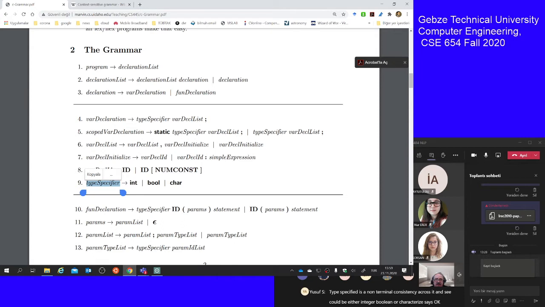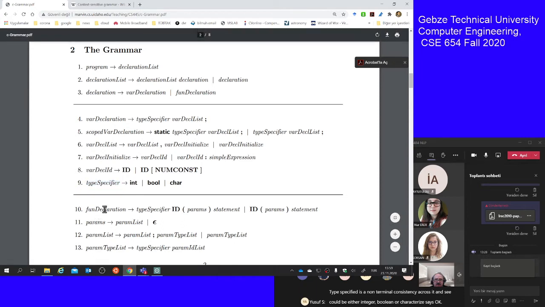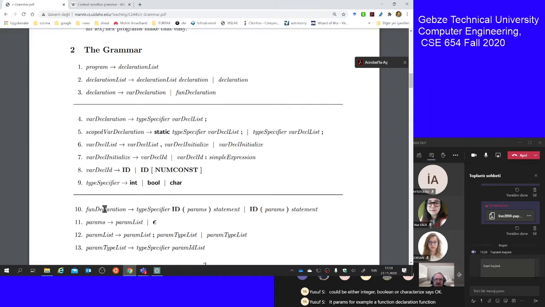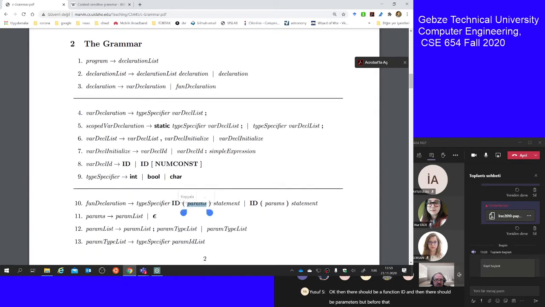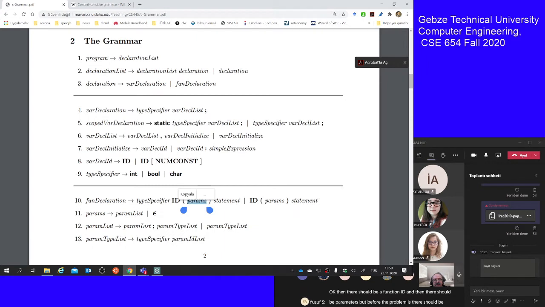Take a function declaration, for example. Function declaration says that there should be a type specifier, the return type. Then there should be a function ID, and then a parenthesis, the parameters, another parenthesis, then the statement.